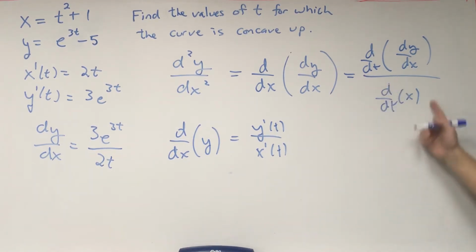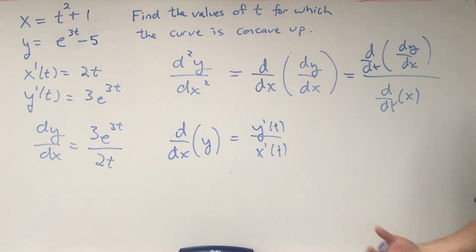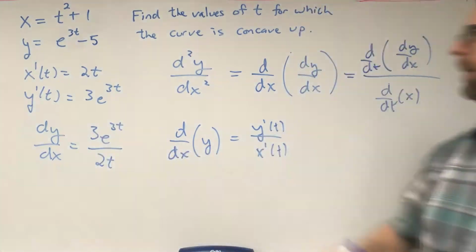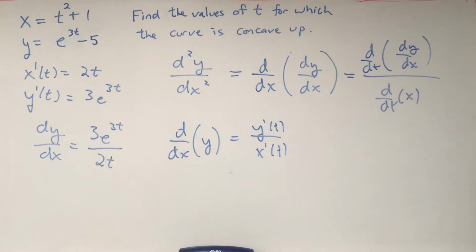And so this is still our x prime of t. We're still going to divide by x prime of t. Where we're going to vary our approach is that the numerator is not going to be a second derivative of y or some other formula with t. It's going to be precisely the derivative of this guy with respect to t. So let's carry that out.